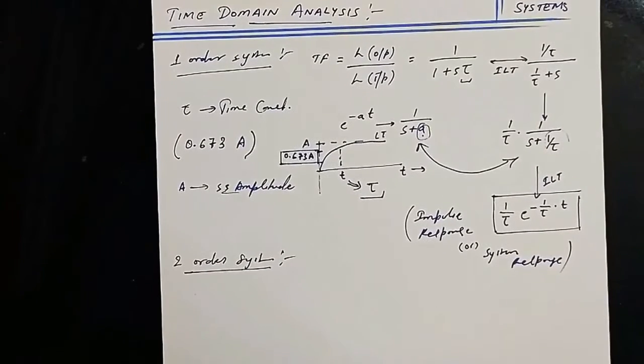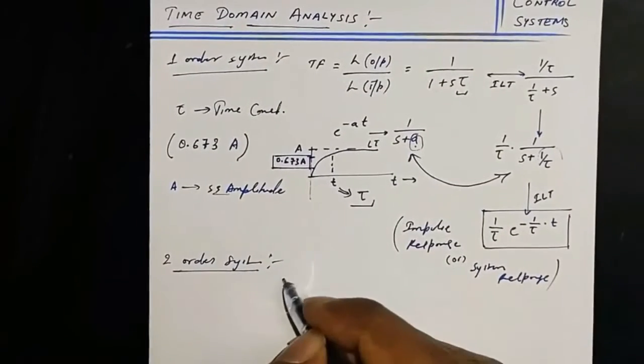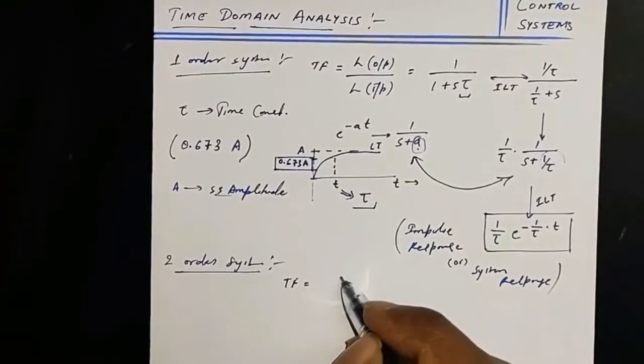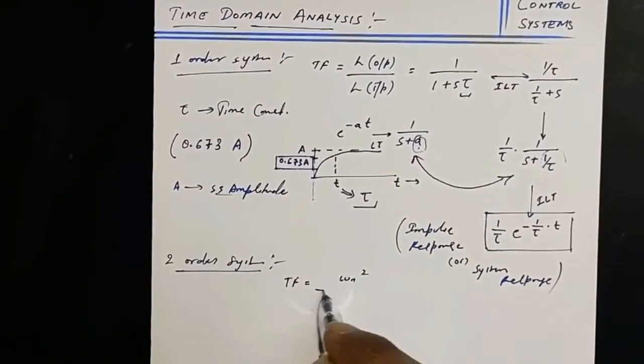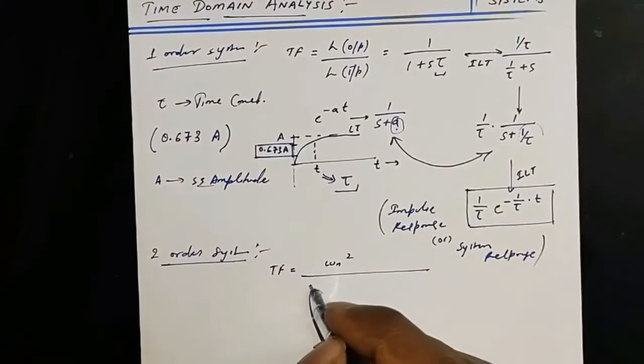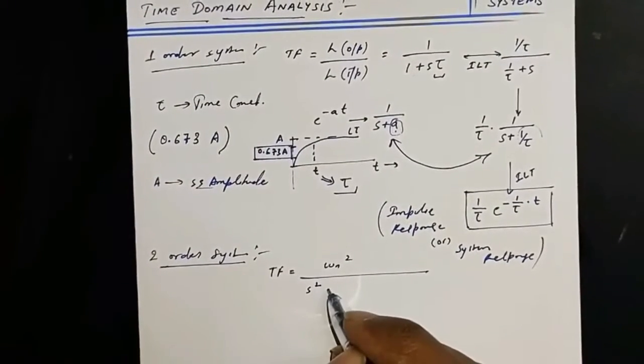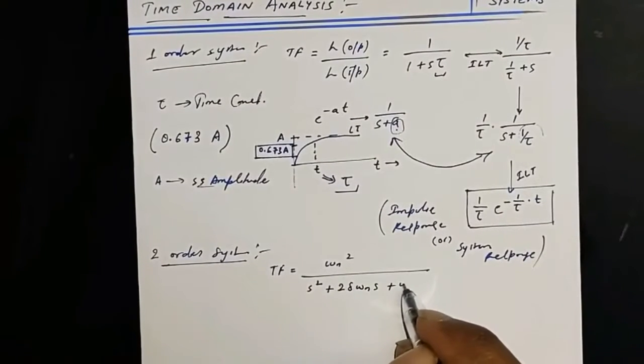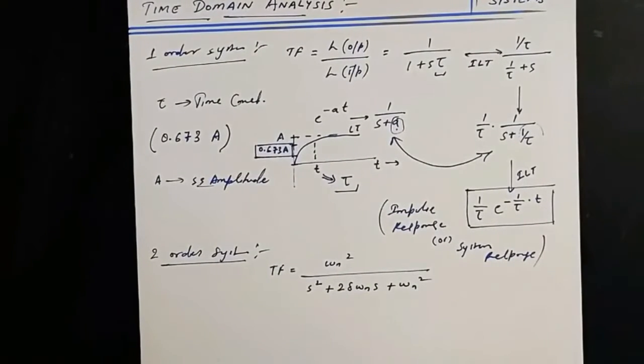For the second order system we have the general transfer function as omega n square divided by s square plus 2 zeta omega n s plus omega n square.